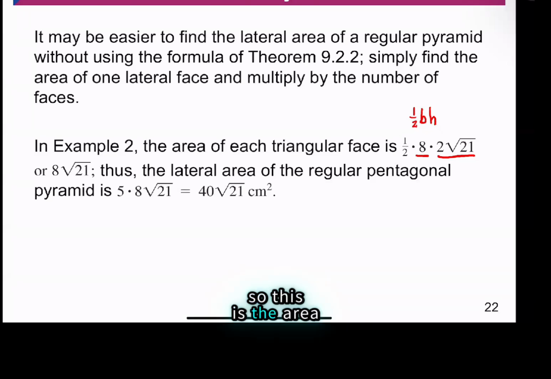So this is the area of one triangular face. Thus, the lateral area of the regular pentagonal pyramid is 5 times 8 square root of 21, which is 40 square root of 21 square centimeters.